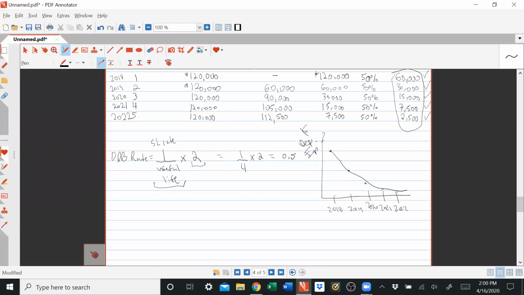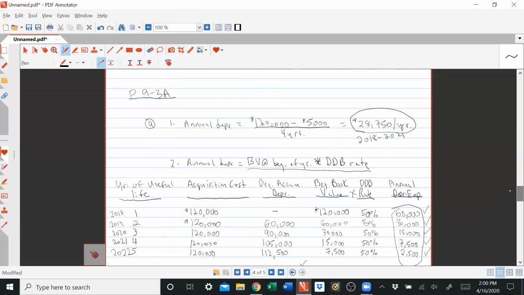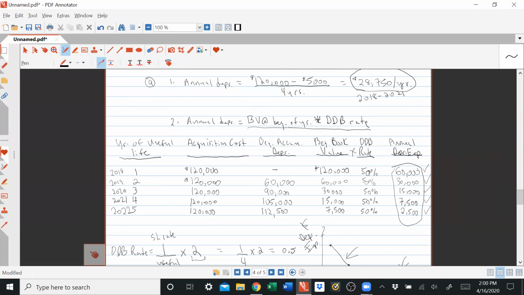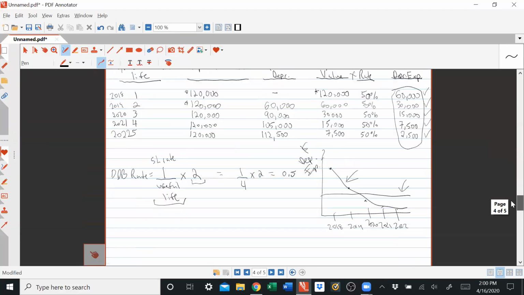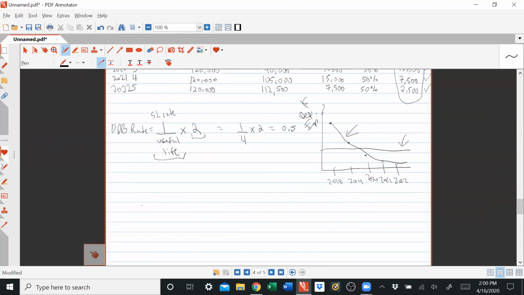It'd be looking something like right about here. So straight line method, DDB method. The question doesn't ask us to plot. It just asks for this 28,750 number and then these numbers for the DDB method. These numbers right here.